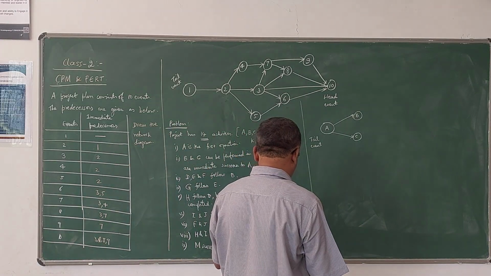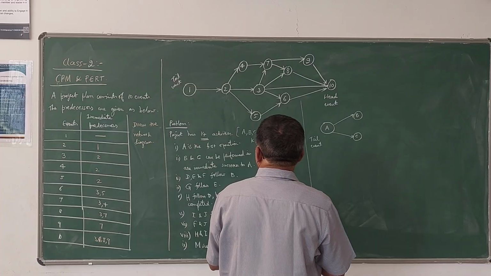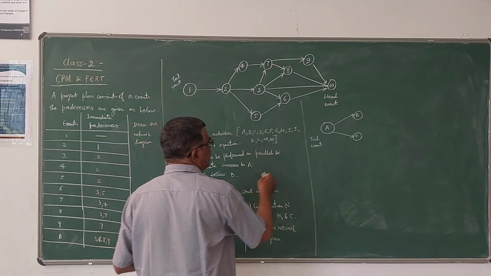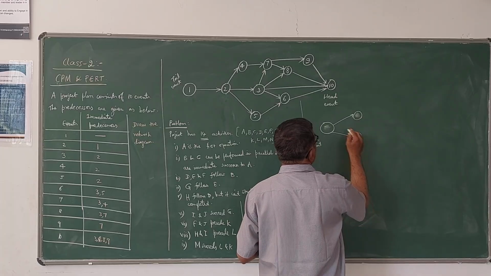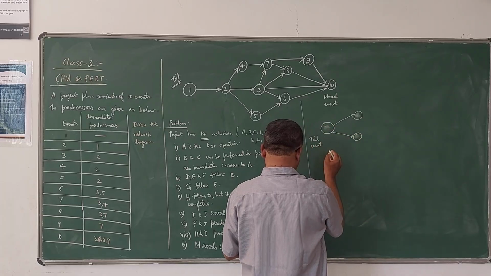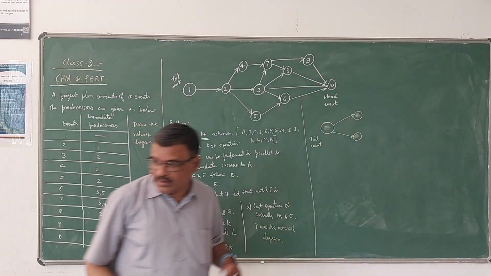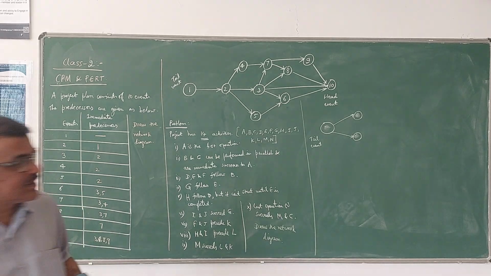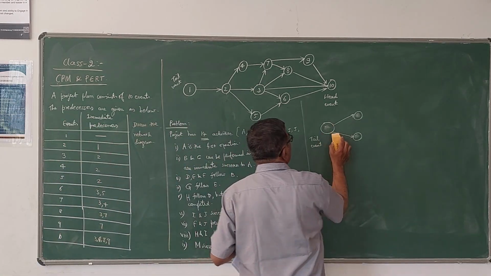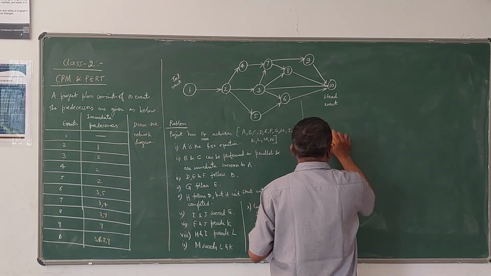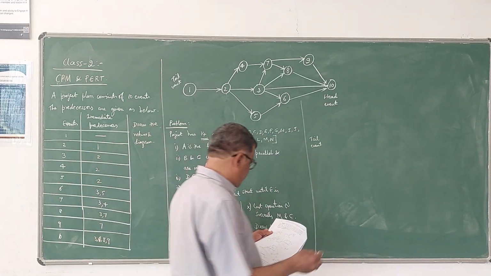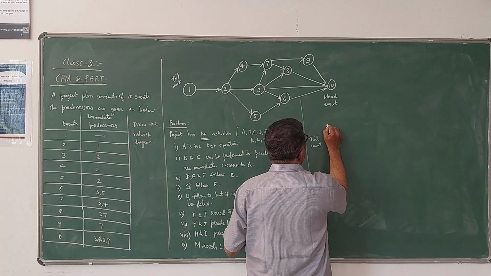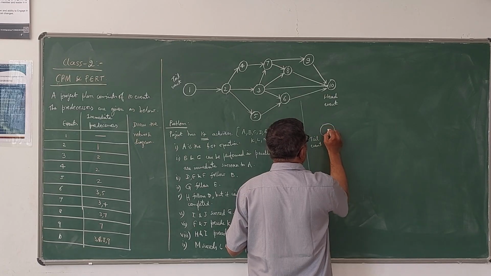That is the meaning. These are activities, not events. Please note that. Since they are activities, I can write like this. The tail event I will give 1.